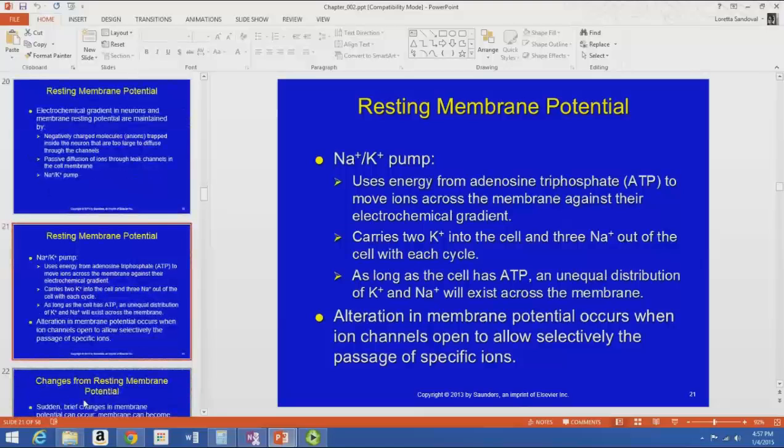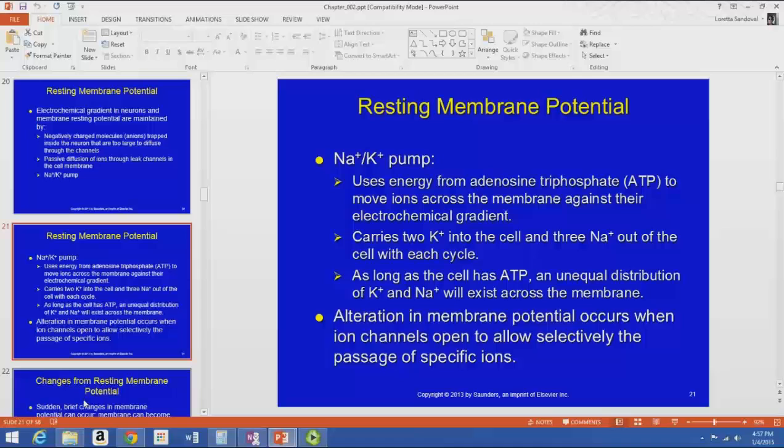So as long as the cell has ATP, then you can maintain that unequal distribution of sodium and potassium. So that's important because that's the reason that we ate lunch today or dinner, something like that. So we can do cellular respiration, metabolize that energy, make ATP, and use it to keep that unequal distribution of potassium and sodium.